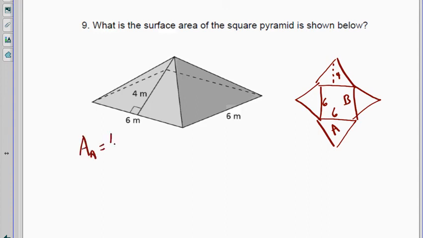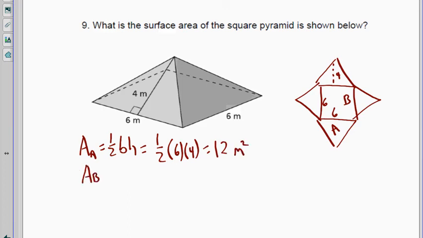That's 1/2 base times height. 6 times 4, which is, half of 6 is 3. 3 times 4 is 12 meters squared. And then we have area B, which is just a square. Base times height, which is 6 times 6, which is 36 meters squared.